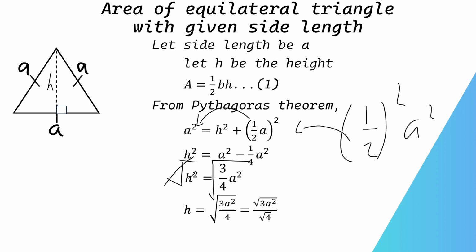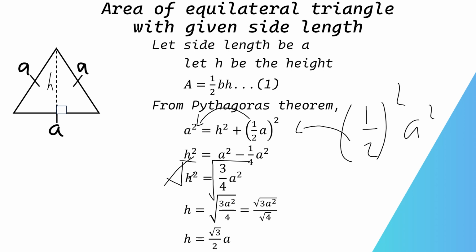Root 4 will give us 2. Root 3, we leave it like that. But we know root a squared is a. So we have h equals root 3 over 2 times a. This is the height.